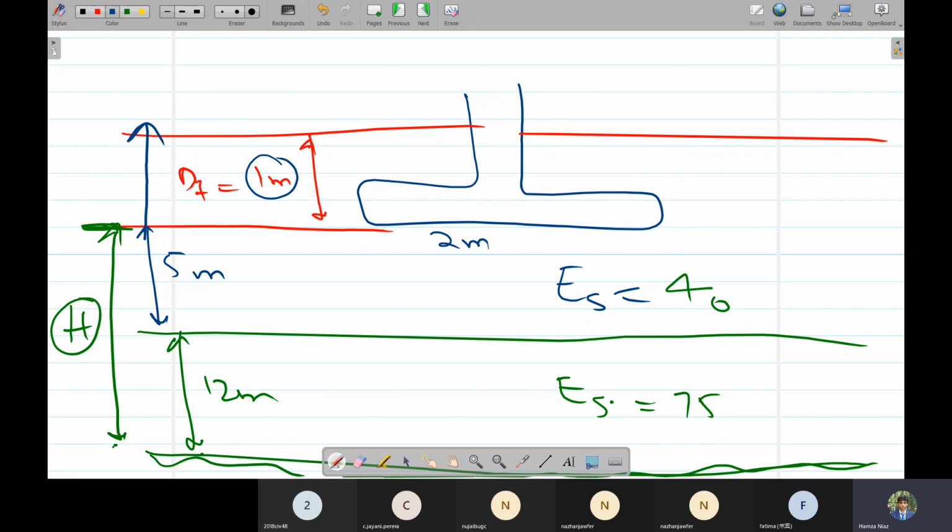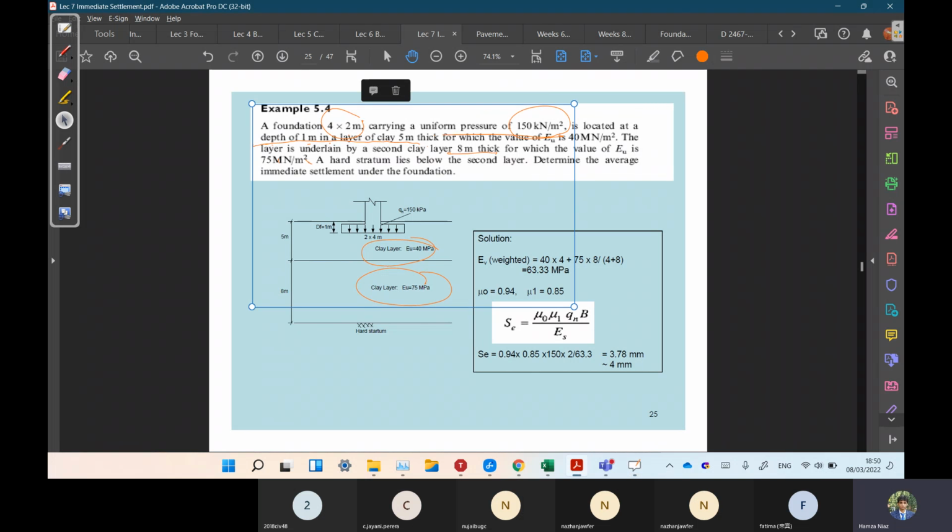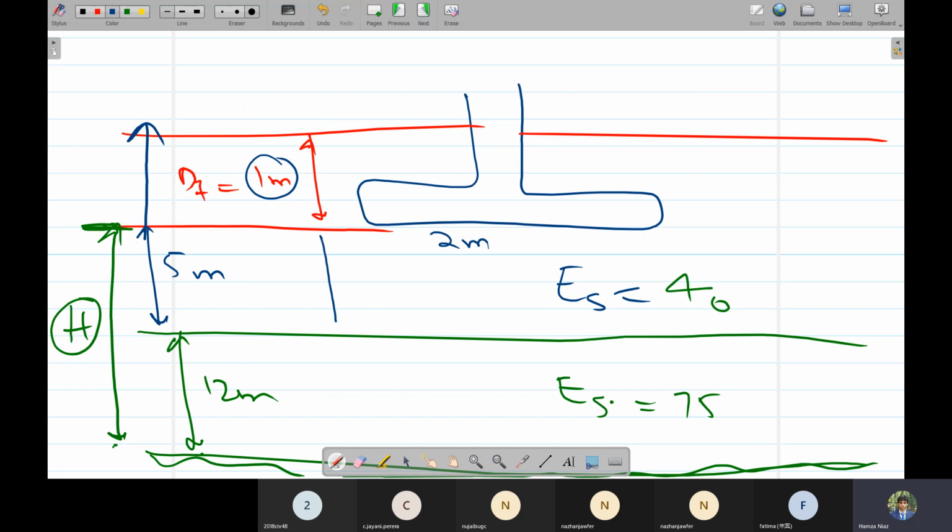They were saying that the foundation is lying in a layer of clay 5 meters thick, so the first layer was 5 meters thick from the top, not from the bottom of the foundation. So the distance from here to here would be 4 meters. We have to subtract this Df value. 5 meters was from the top and 4 meters would be this. So the H value would be 4 plus 8.